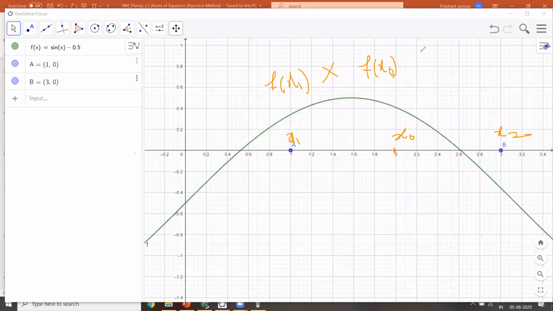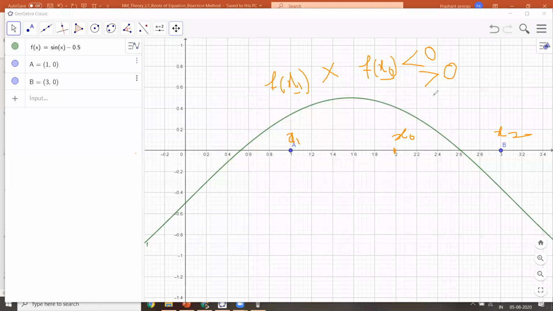If we reach a value which is negative, which is less than 0, that means your root will be between x1 and x0. If this condition is satisfied, the root for the next iteration will be in x1 to x0. If it is greater than 0, it means your root will not be between x1 and x0, so where will it be? It will be between x0 and x2. Okay, so remember this, we need to always check for this value.